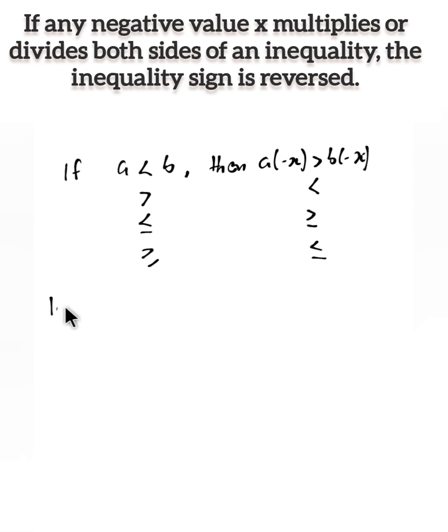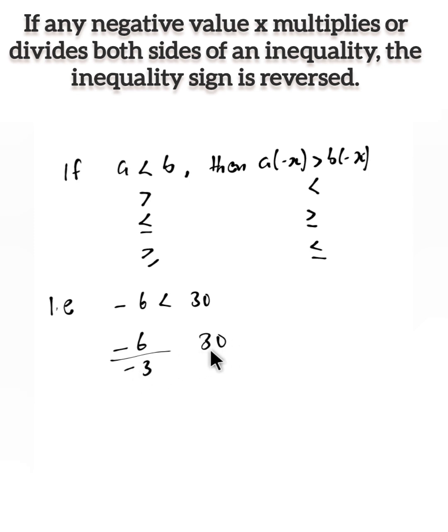So let's take an example. Now consider that minus 6 is less than 30. So what if we decide to divide minus 6 and 30 by a negative number? For example, let's divide by minus 3.